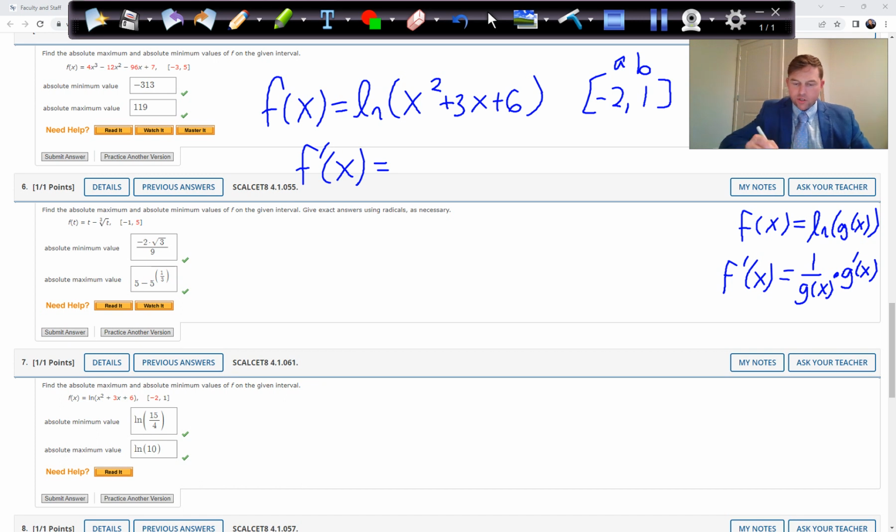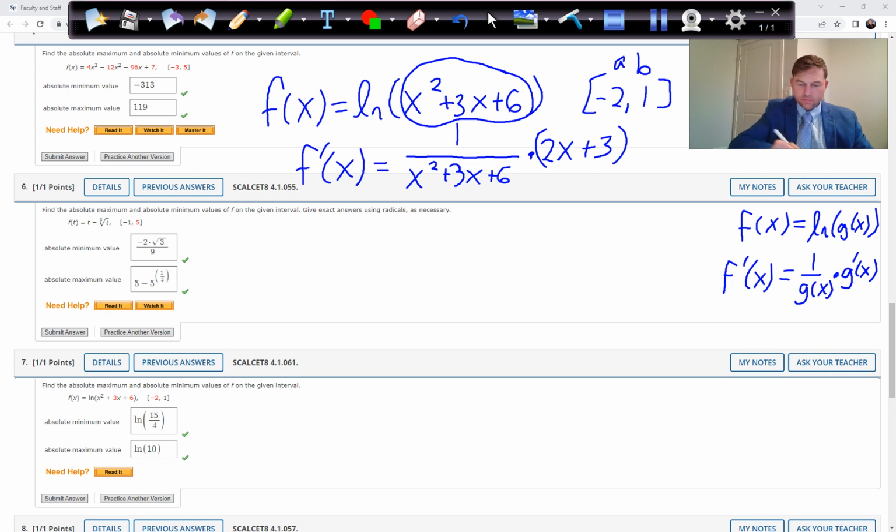So the derivative of this is just going to be 1 over everything inside parentheses, so it's x squared plus 3x plus 6, times the derivative of the inside stuff, which would be 2x plus 3. So the derivative is equal to 2x plus 3 over x squared plus 3x plus 6.